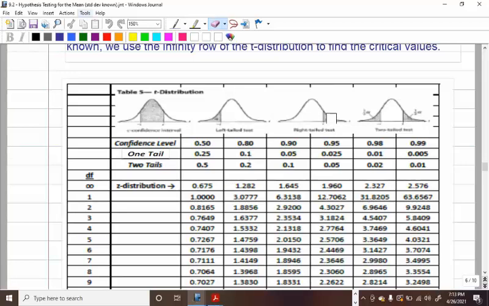If it's right-tailed, it's also one-tailed, so it'll be the same number. So for example, left-tailed 0.1 will be the one-tailed 0.1. It'd be that number right there. It would be negative 1.282. The right-tailed would be the same thing, except it would be positive 1.282.